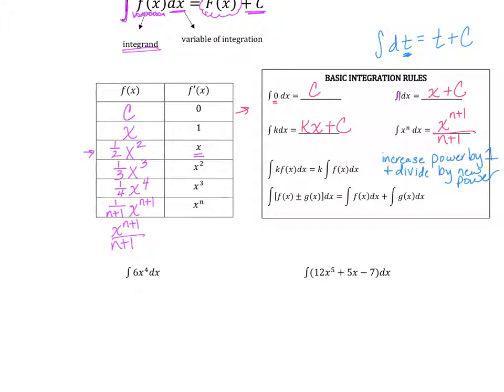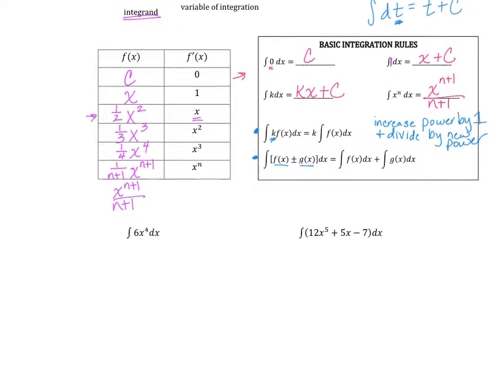And just like we've done many times with limits, because really, as we'll discover when we do definite integration, an integral is a limit. When you have a constant, you can pull it out in front. When you have the integral of f plus g, I can take the individual integrals. So here's what I mean by that.